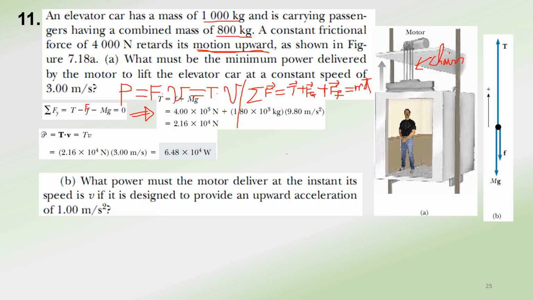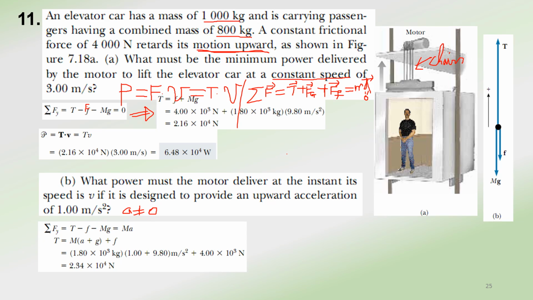In the first case, it is said that the speed is constant, which means that the acceleration is equal to 0. But in the second case, the acceleration is different from 0. That is the reason why the sum of forces must be equal to the mass times the acceleration.